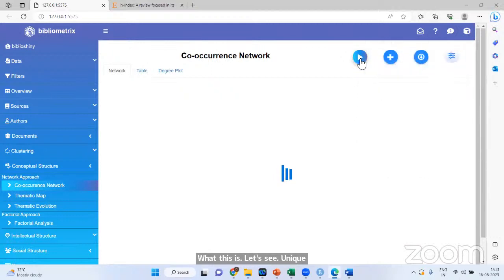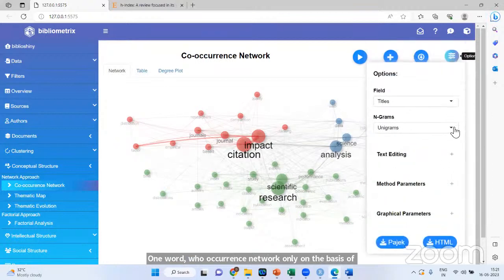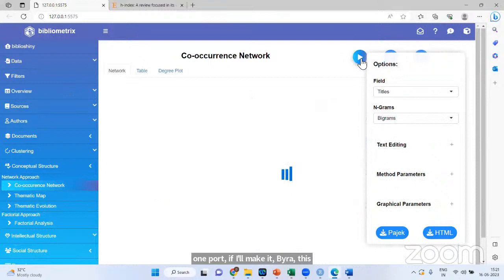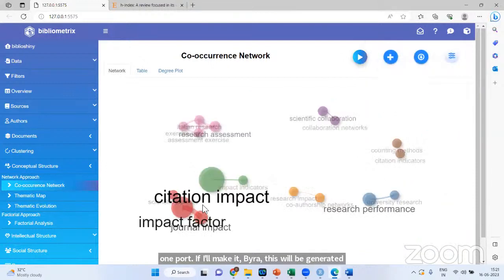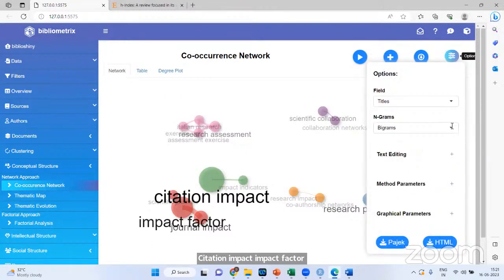Unigram: only one word will be generated, a co-occurrence network only on the basis of one word. If I make it bigram, this will be generated on the basis of two words. Citation, impact factor, research. And then there is a trigram.